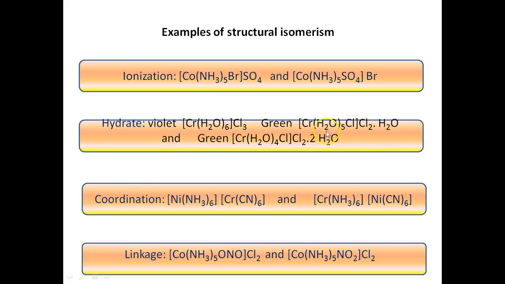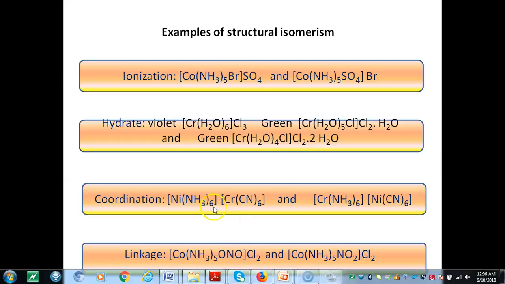Whereas in this case there are 5 water molecules and 1 chloride ion inside the first sphere, so there is 1 water molecule outside. Now you see the difference in the number of water molecules, here 6, here 5, so they are hydrate isomers.